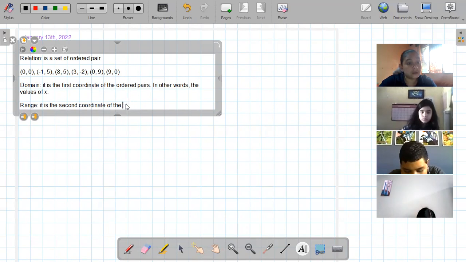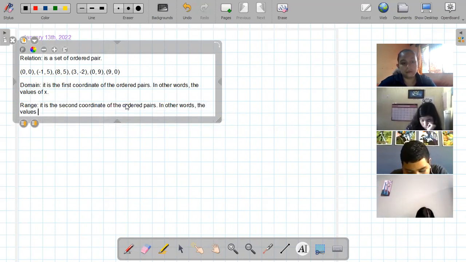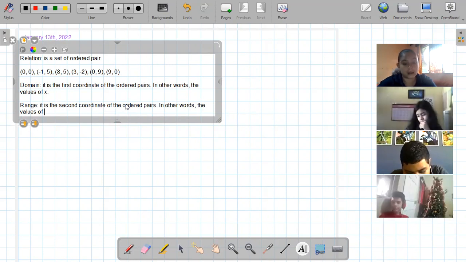In other words, what would it be? If the domain are the values of x, the range is the values of y, correct.